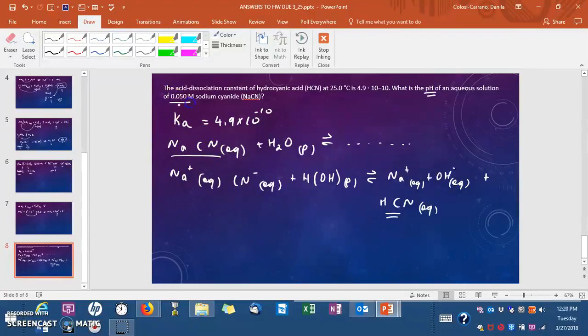So they are giving you 0.05 molar of sodium cyanide. So this means, if you're considering also the cyanide anion, you also have a 0.05 molar solution of this. And you put it in water, right? Again, let's write it as HOH. And then you're going to have, so this is liquid.